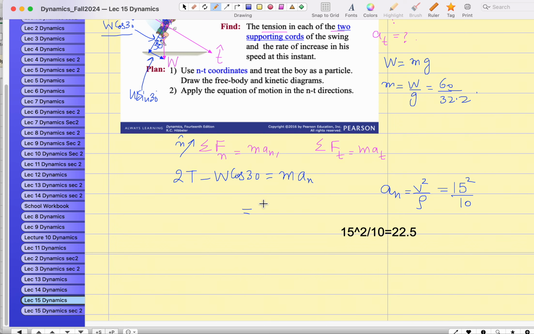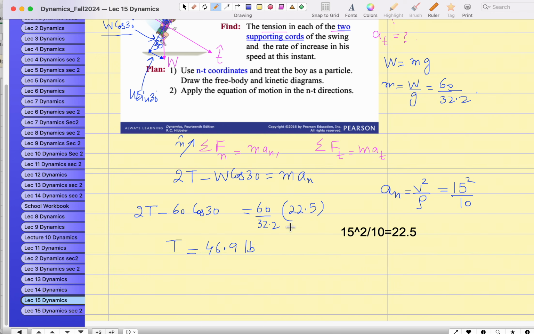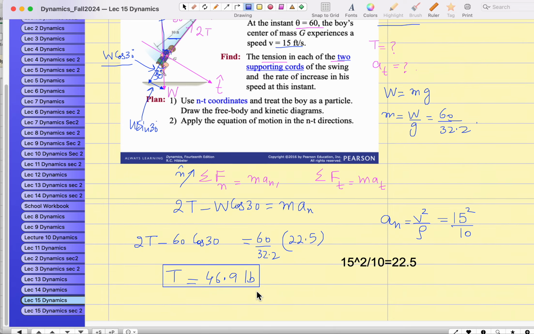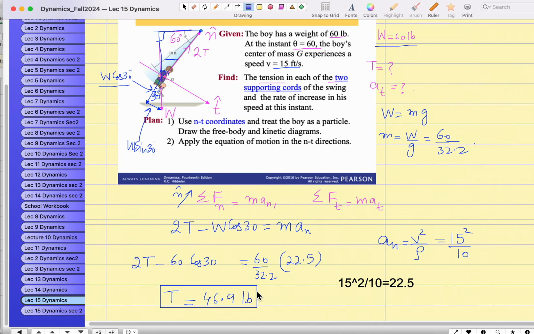So I can write down like this: 60 divided by 32.2 times 22.5, the right hand side. 2 times tension is unknown, W is known. W is 60 pounds cosine 30. So one equation, one unknown. If you solve for T, you should get 46.9. You can check this answer in your scientific calculators and verify. Can you verify and help your professor?